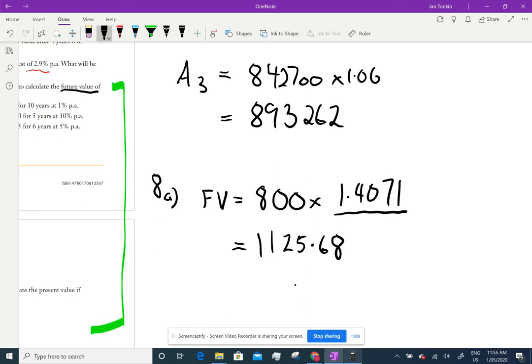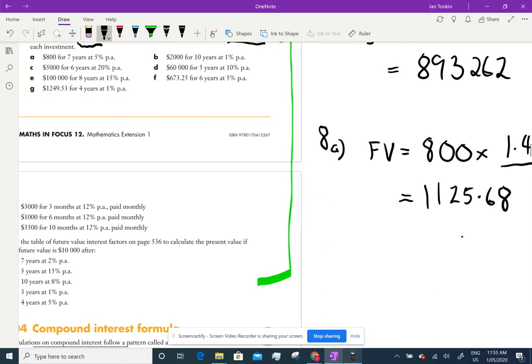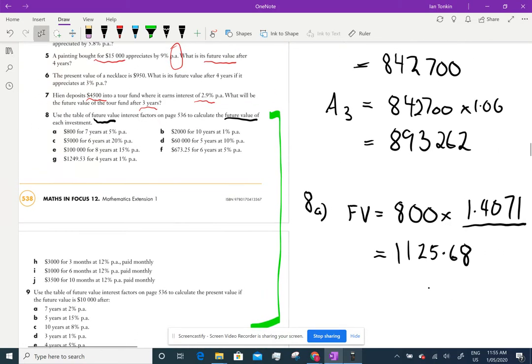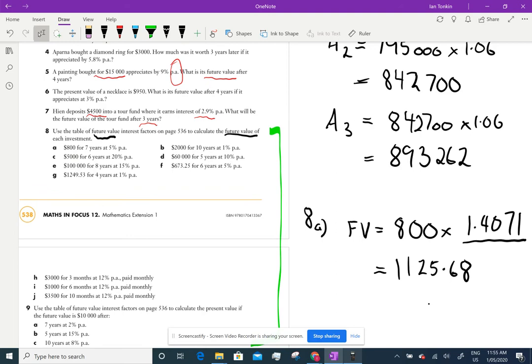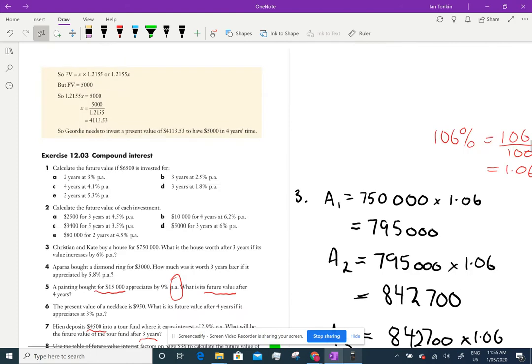Now, the reason they use tables is because some people can't do the mathematics of a compound interest formula. That's all it is. How can it be made more difficult? Well, questions A, B, C, D, E, F, G are all pretty easy. In question 8C, there's 20%.